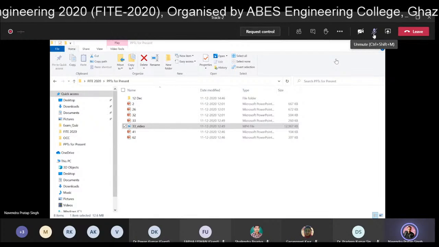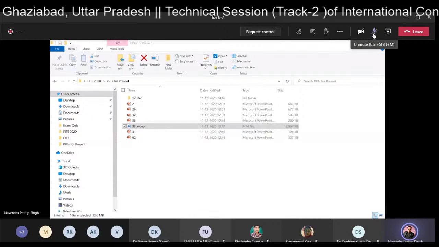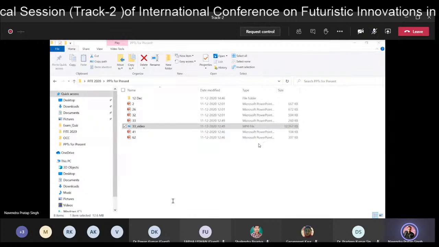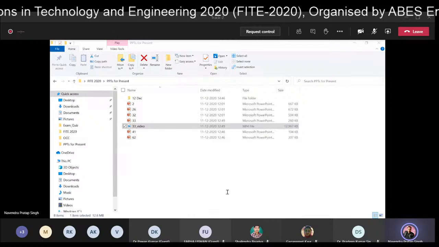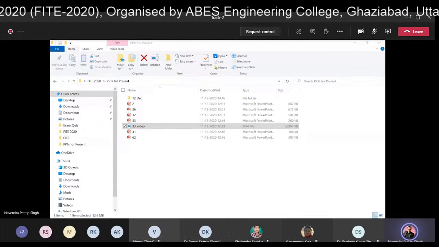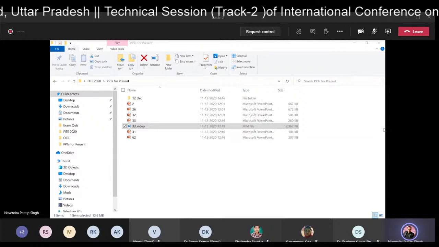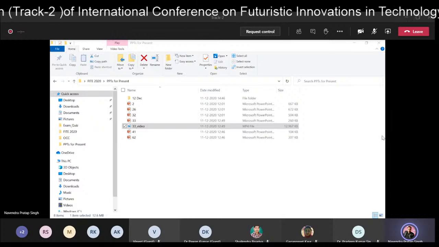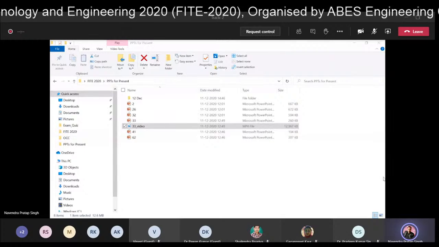Paper ID 53. Mr. Rajat Yadav, Anas Islam, and Aman Sharma. I think none of them is here. So let me call another one.